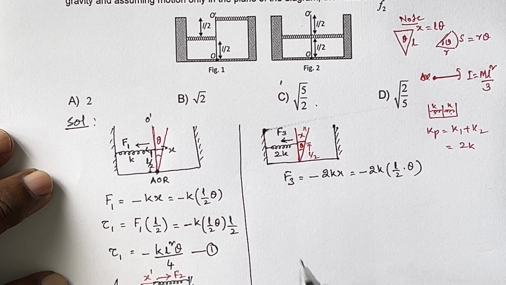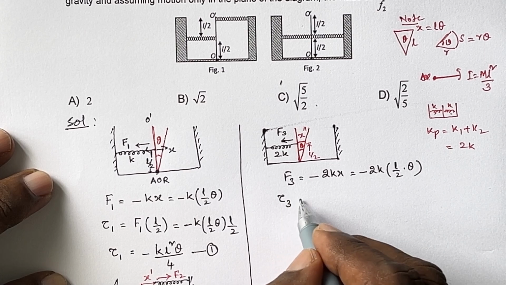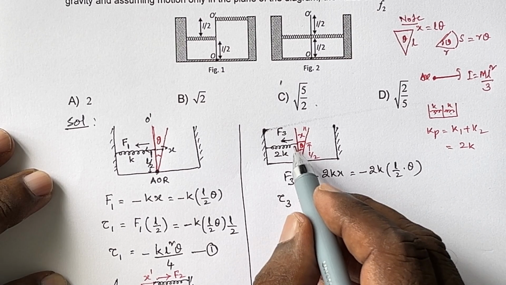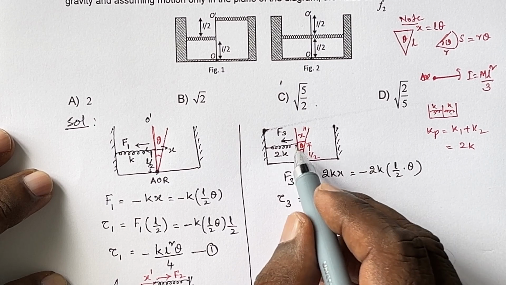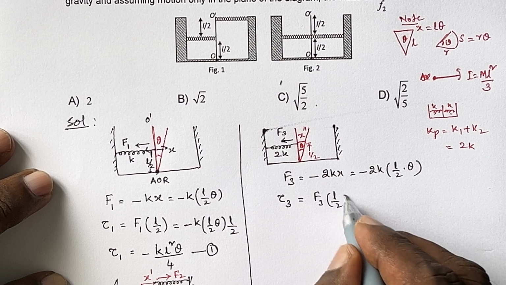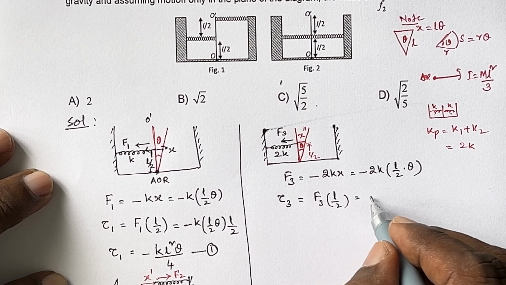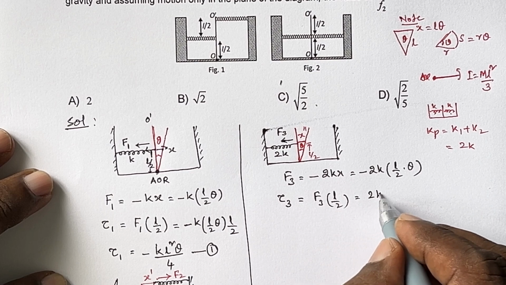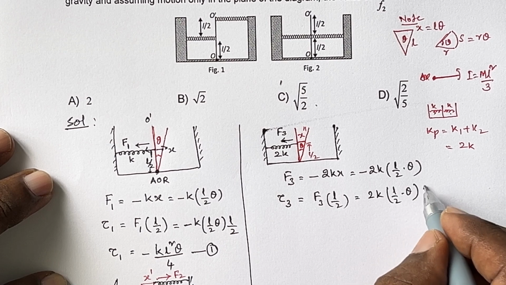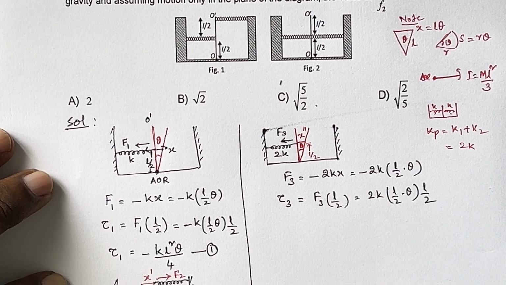This is the force. Then torque is equal to force into the perpendicular distance from the axis of rotation to the point of application of force. So that is L by 2. So this is 2k into L by 2 theta into L by 2.